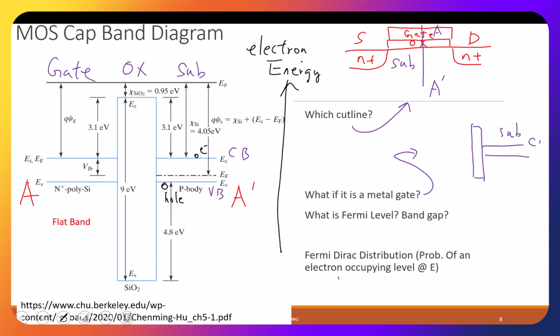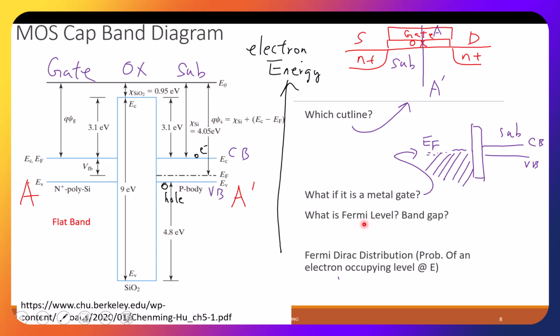You have conduction band, you have valence band, but here you will just replace by the Fermi level, EF, because it's metal. So here you have all the electron filled, and above it, you will follow the Fermi-Dirac distribution, which we will discuss a little bit later. But it only has one level that you need to care about, right?